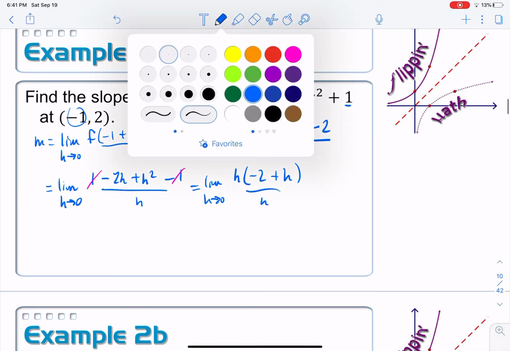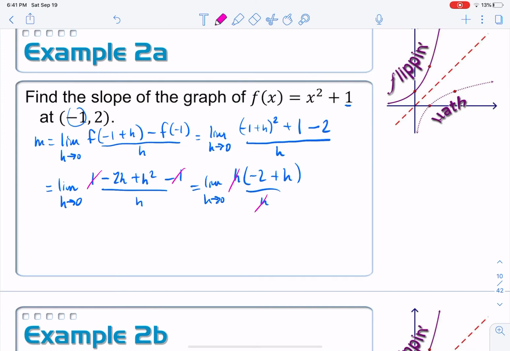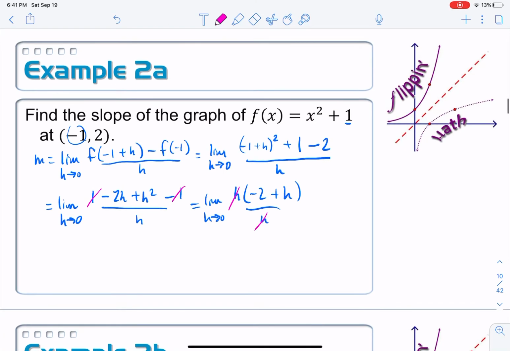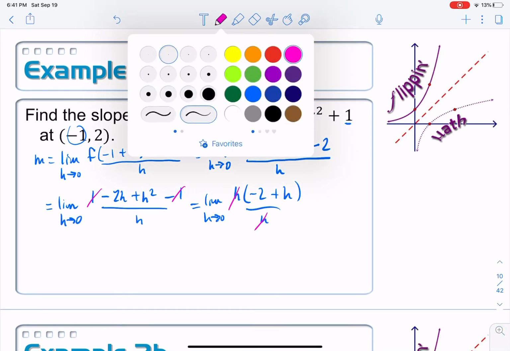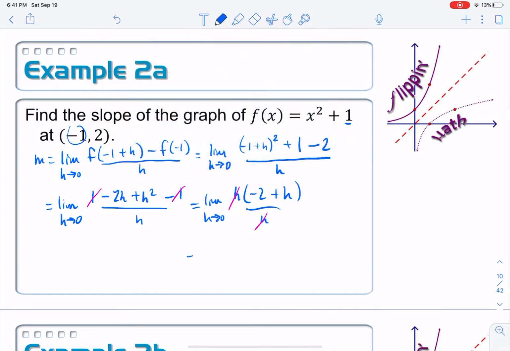And just like before, the h's cancel. Nice, all right. Which leaves me with the limit as h goes to 0 of negative 2 plus h. Now can I directly substitute that 0 in? Sure can, and I get negative 2.